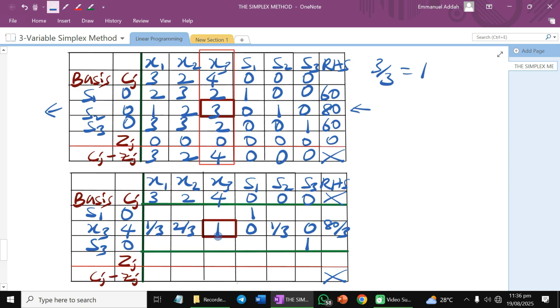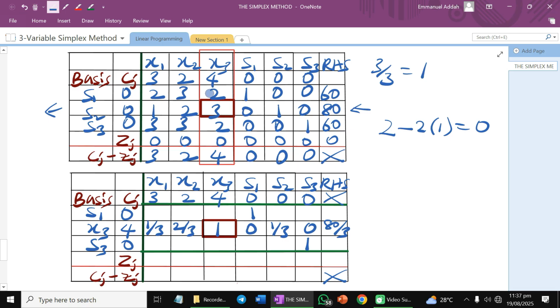It is 2. If we multiply this by 2, because this is 2 already and we are looking for 0, then 2 minus 2 times 1 will give us 0. If the value here were negative, maybe we had minus 2 here, then you multiply this by 2 and add it to the value here to give us 0 as well. Do you understand?